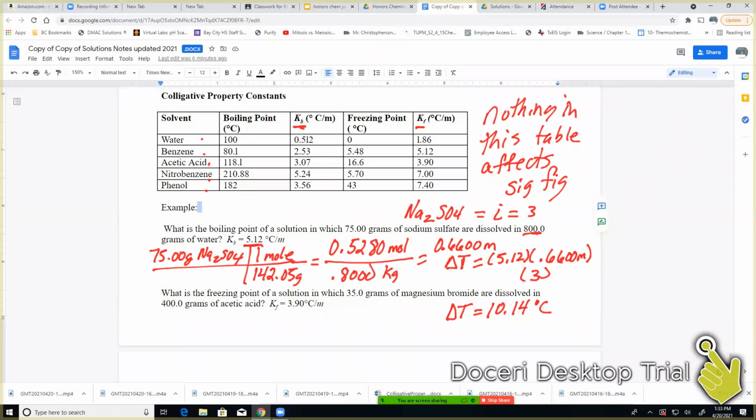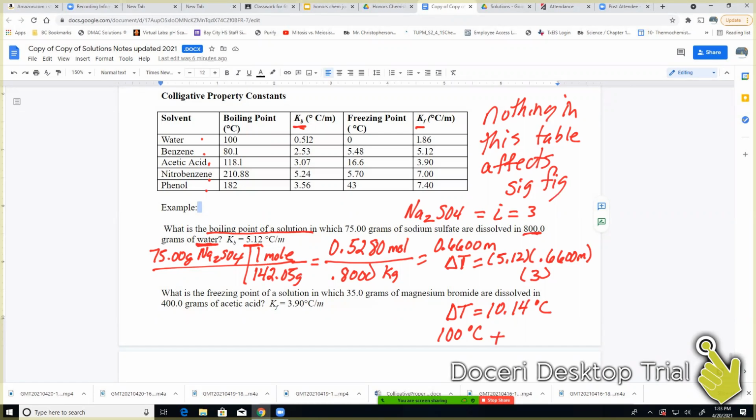But this one actually asked me for the boiling point of the solution. So that has to be the new boiling point. So I have to take my original boiling point of water because that's my solvent. So that's 100 degrees. Am I going to add or subtract the 10.14?